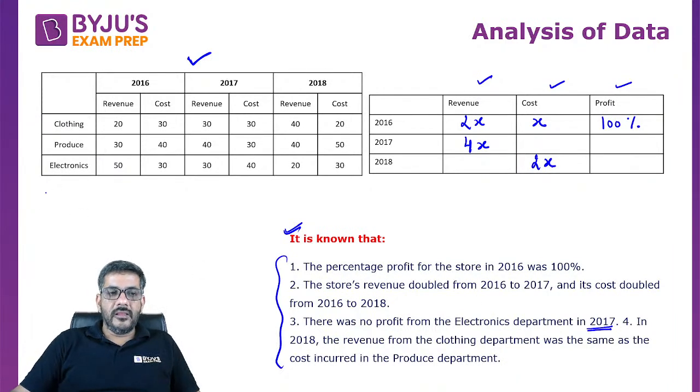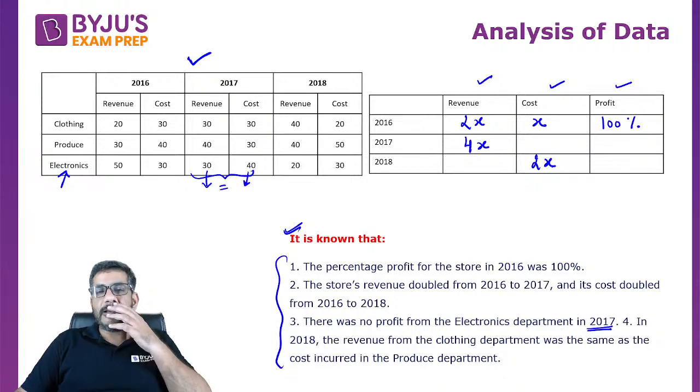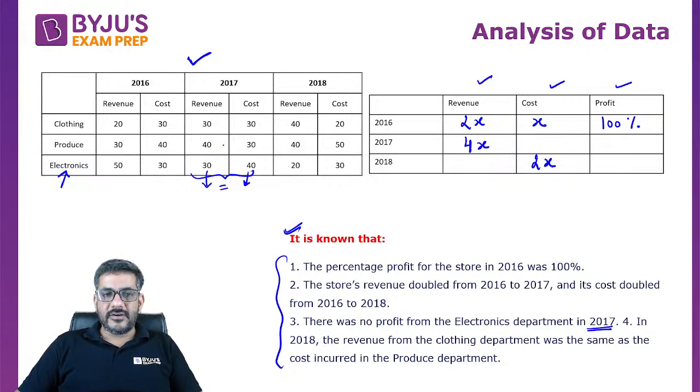What does that mean? In electronics department, 2017, there is no profit. So can I say the revenue of electronics department is equal to the cost of electronics department, right everyone? The revenue of electronics department in 2017 is equal to the cost. Okay, only then there would be no profit.